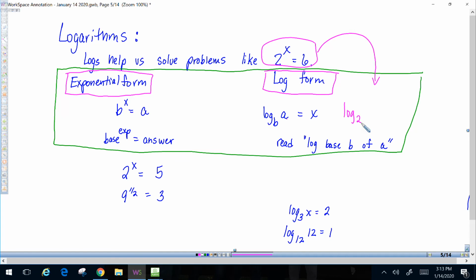What's the answer part? 6 equals the exponent. What's the exponent? X. That is log form. A logarithm solves for the exponent. A logarithm is an exponent. The answer to a logarithm is an exponent.